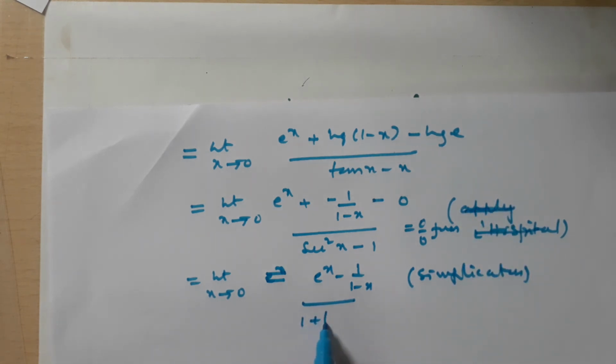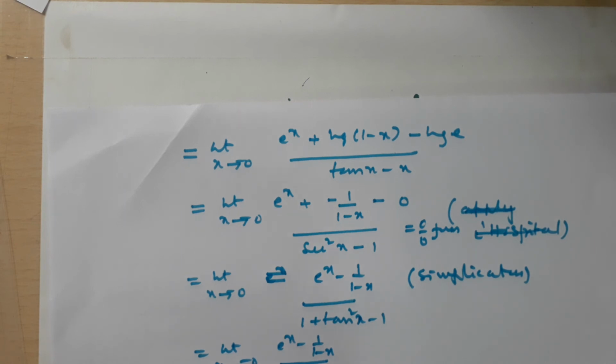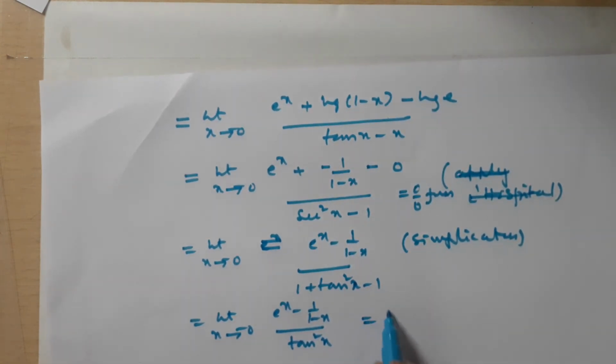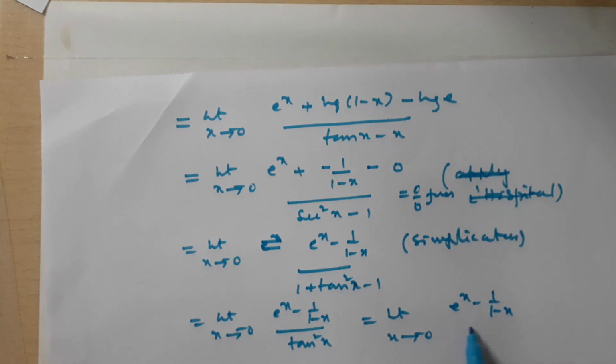So 1 plus tan square x minus 1 is tan square x. Limit x tends to 0 of e power x minus 1 by 1 minus x divided by tan square x, which is limit x tends to 0 of e power x minus 1 by 1 minus x divided by x square into tan square x by x square.